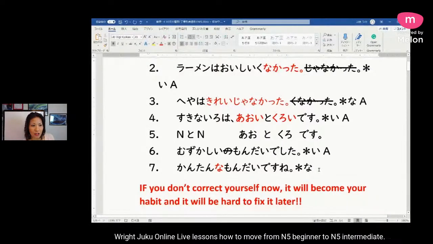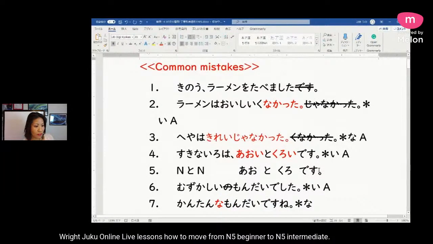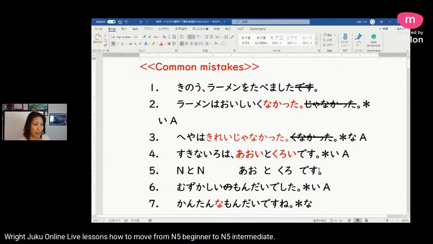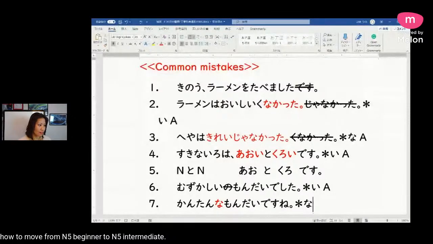Okay, so I hope you were able to correct these by yourself, looking at the note that we created together. That's all for today. That is the skill that I wanted to share today.